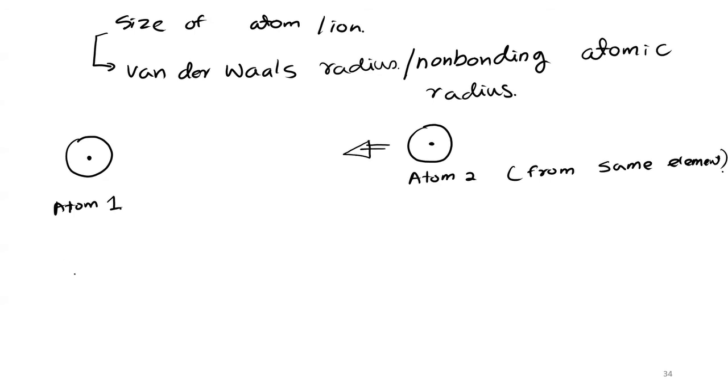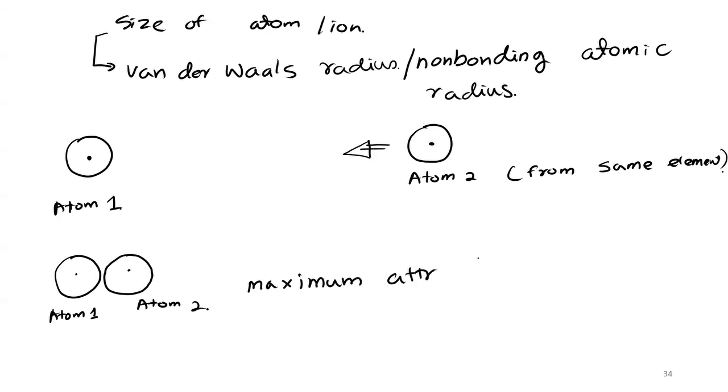You bring it closer in a way that the second atom is close enough that there is maximum attraction between the two atoms. But don't make a bond.